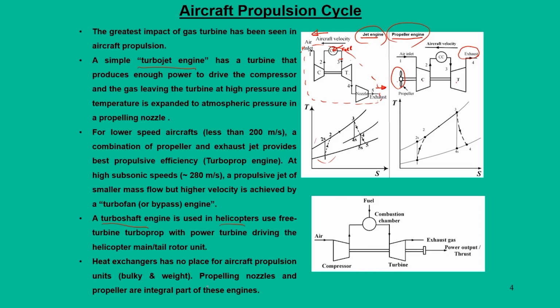Rather, propelling nozzles and propellers are an integral part of gas turbine engines. So, our main focus would be on these two kinds of devices, nozzles and diffusers. These devices are more appropriate for gas turbine applications.